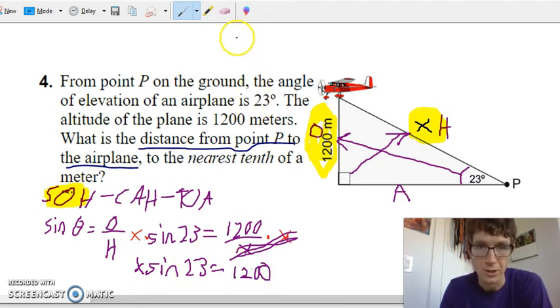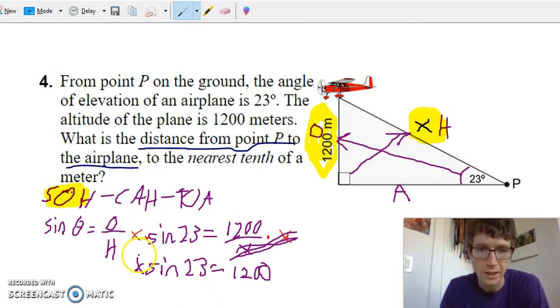And now on both of these sides, let me just extend this down, we can divide. We're trying to get x by itself right here, so it's x times the sine of 23. That means that if we want to get rid of the sine of 23, we have to divide by the sine of 23. And let's do the same thing to this side. Divide by the sine of 23.